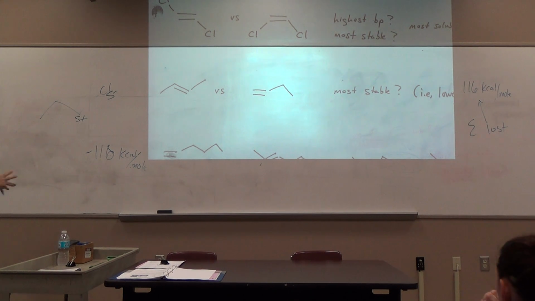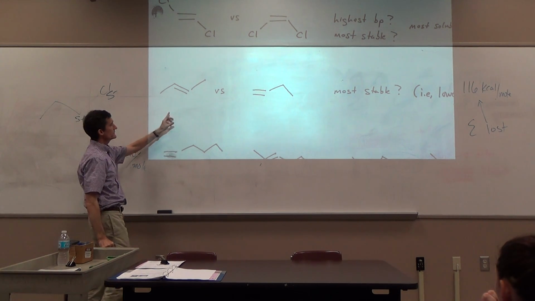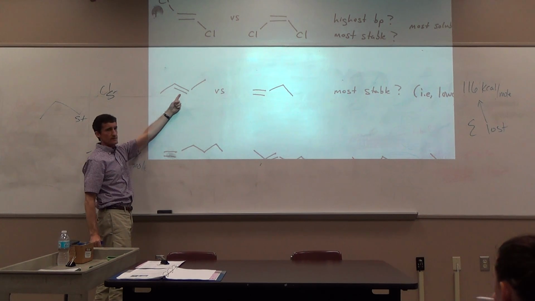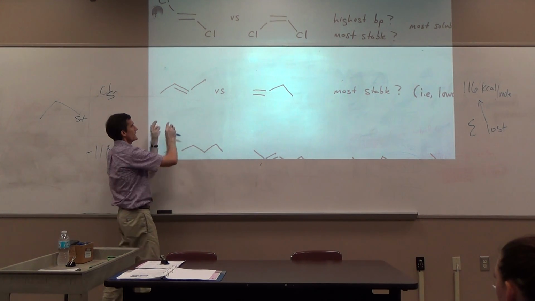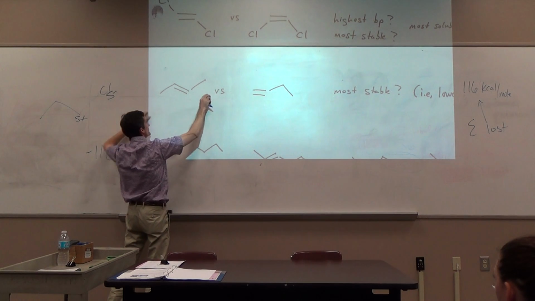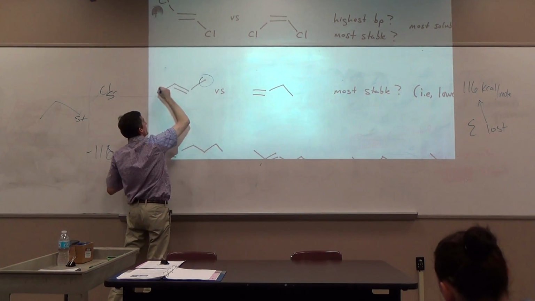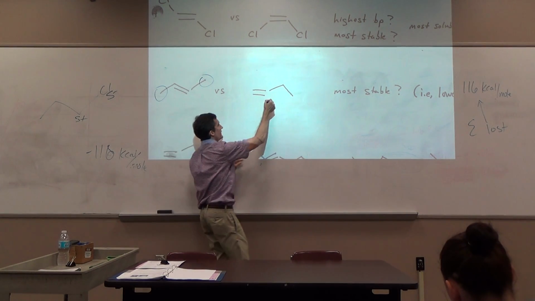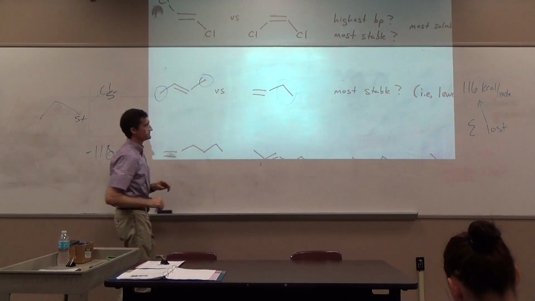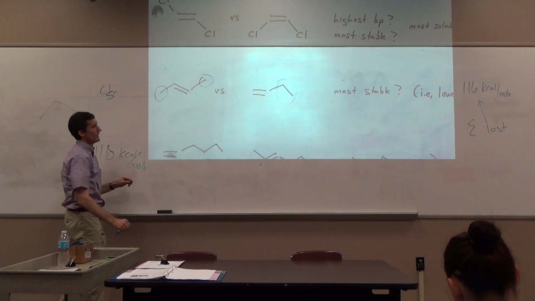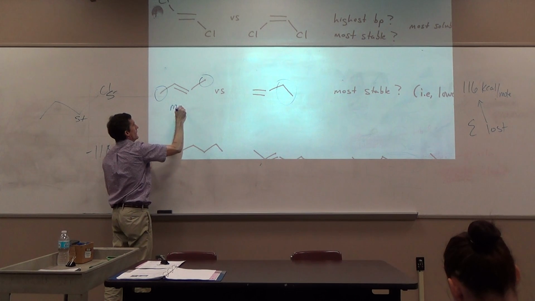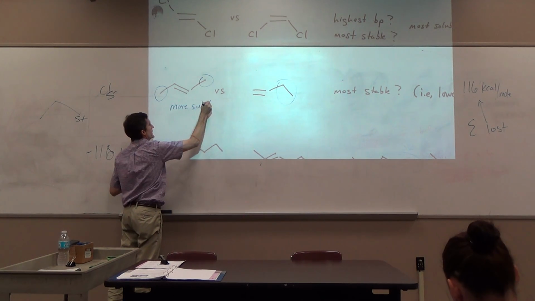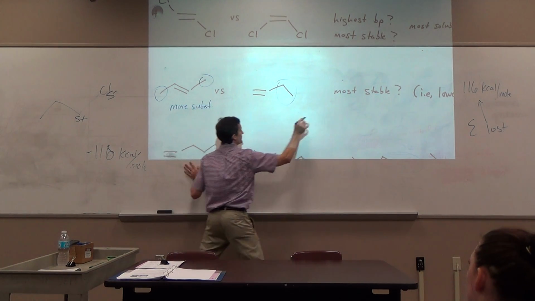With alkene isomers like this, the more substituted alkene is the better one. When I say substituted, I'm talking about carbon substituents. This alkene has 2 carbon substituents. This alkene only has 1 carbon substituent. More substituted is going to be more stable.